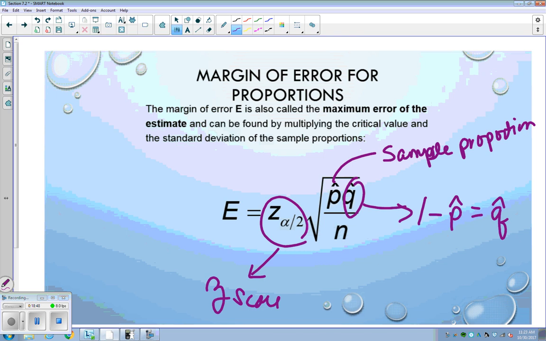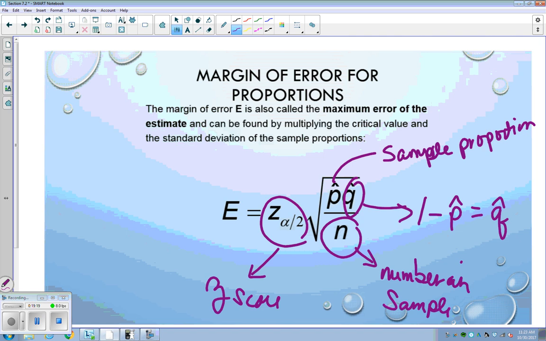So in the one that we just talked about for the Twitter, the sample said 85%. That would be P hat. What's Q hat? 15%. And N is the number in the sample.